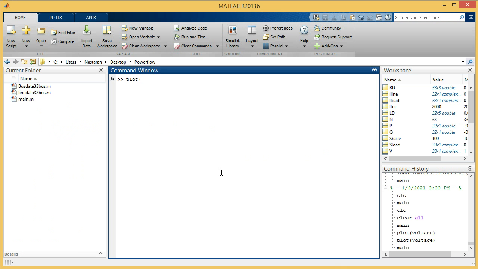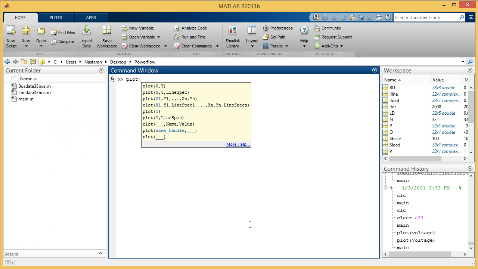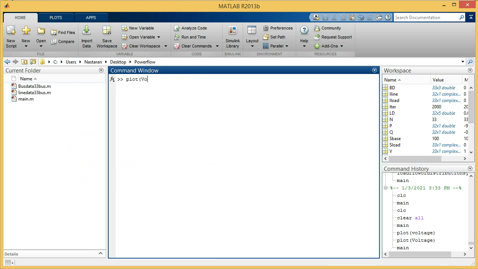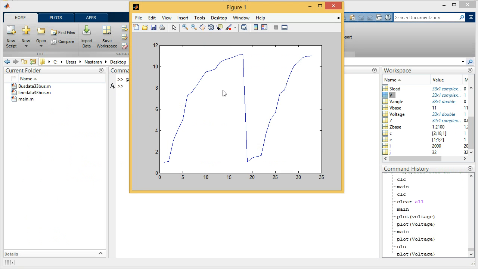Let's plot voltage. So this voltage value, this voltage magnitude is not right. It should be in per units.